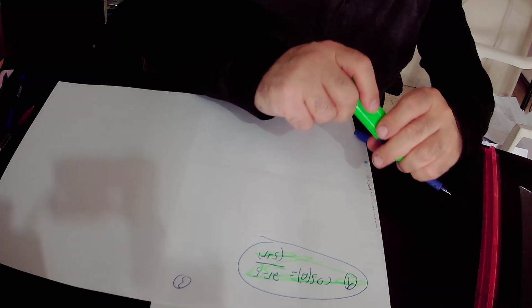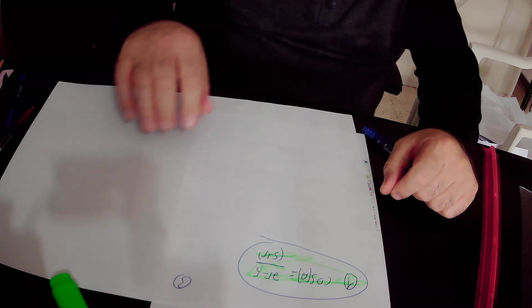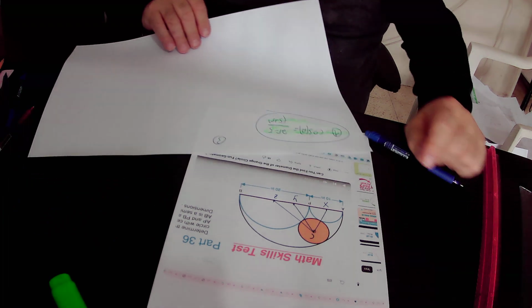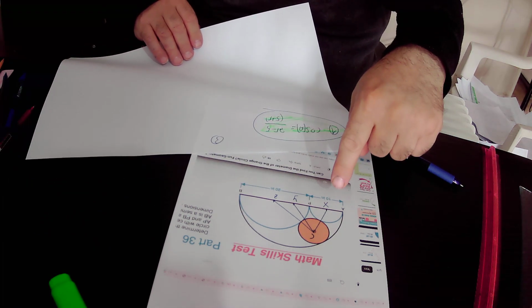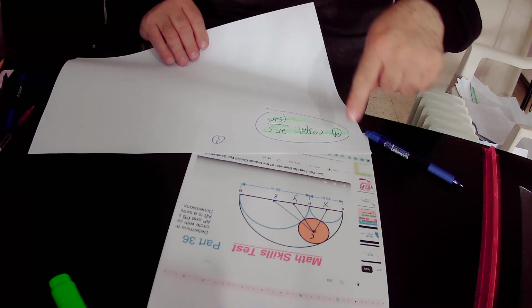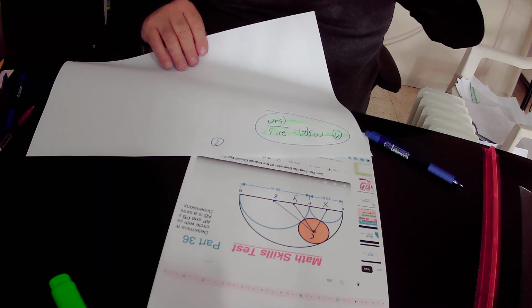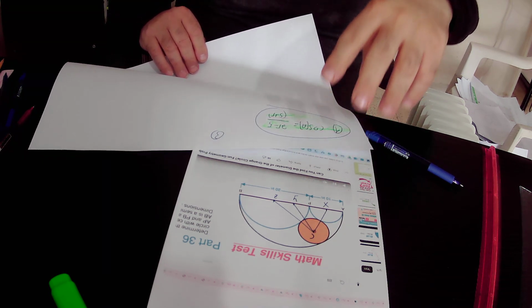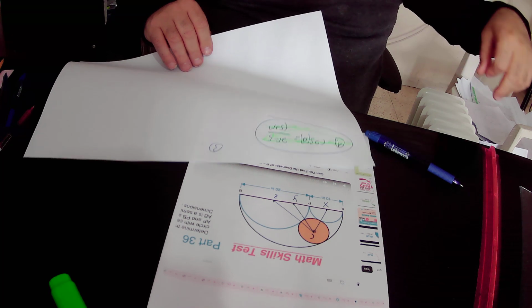In the next step, we will implement the law of cosines in triangle XCZ. So I will copy triangle XCZ in this new page, and we will implement the law of cosines in this triangle XCZ.